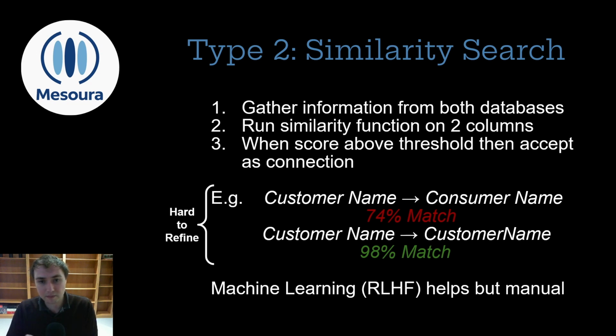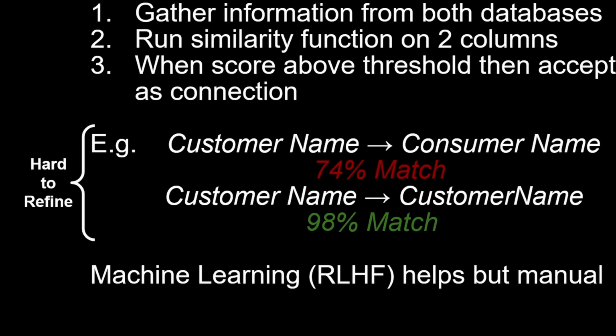The first problem will become apparent just from looking at that example, which is customer name and consumer name both have name in them, but lots of things have name in them. So in this example, it might be that the two are correct, and they are actually referring to the same thing, but just via different departments. They're referring to the same clients, same individuals.